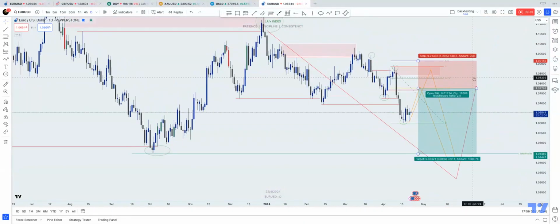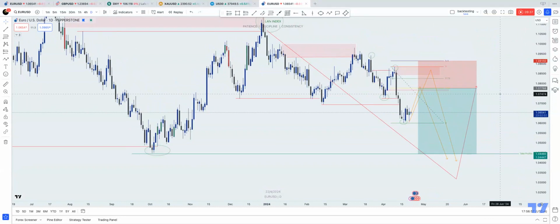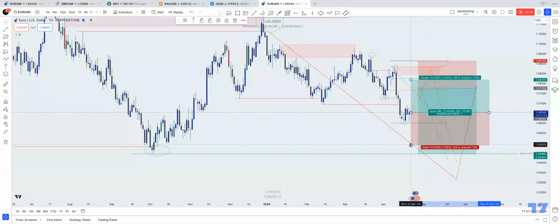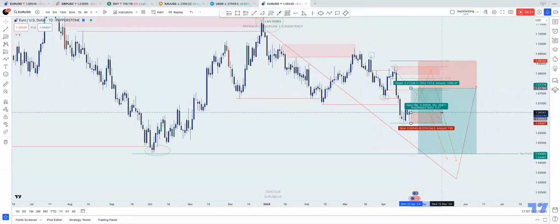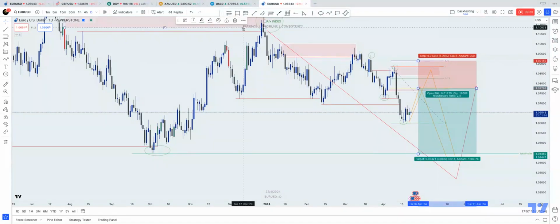You're safe. You don't have to go to lower time frames to do all that nonsense. You can also decide to just buy from here, put your stop loss here, all the way there for a lovely 2.27, right?